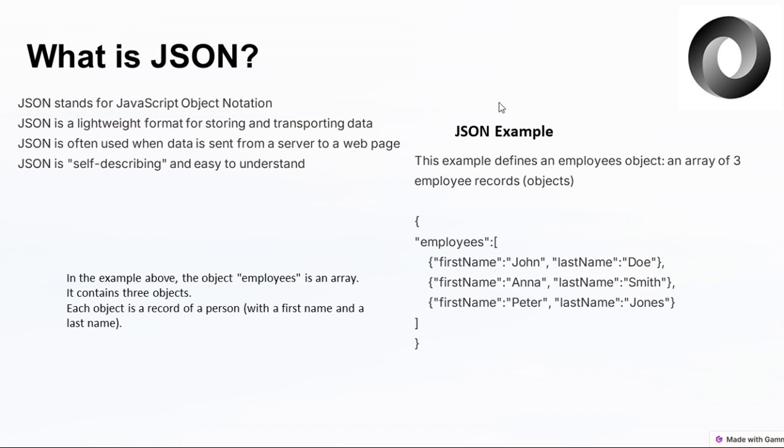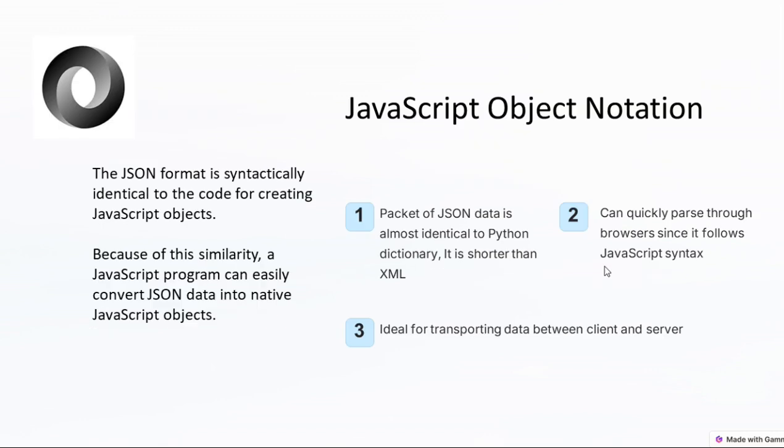This example shows that employees is actually an array, and it contains these 3 objects with first name and last name for each person. JSON syntax is also very identical to the code for creating JavaScript objects, and because of this similarity, a JavaScript program can easily convert JSON data into native JavaScript objects.